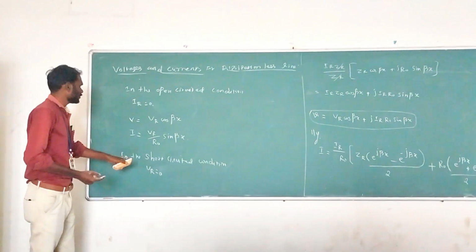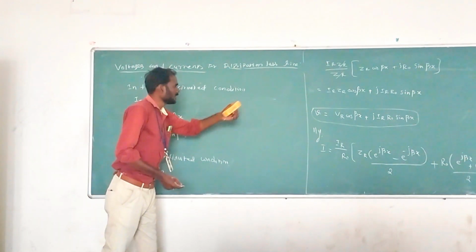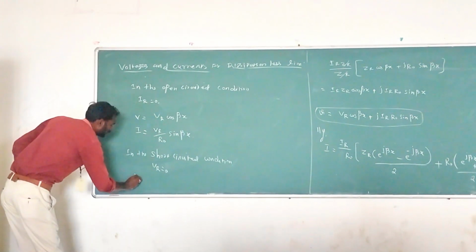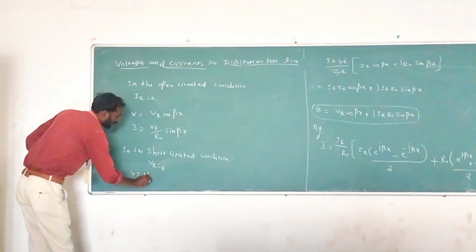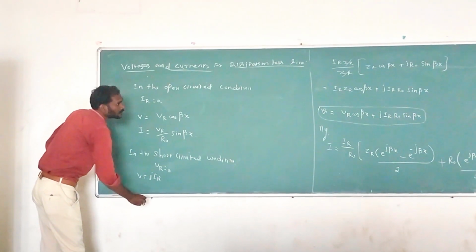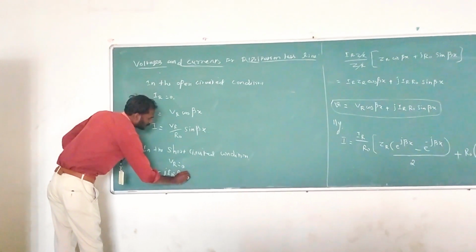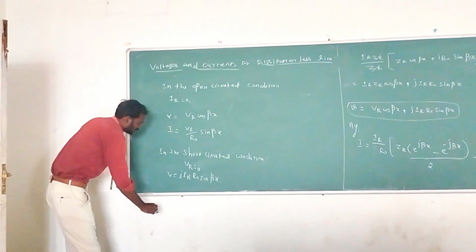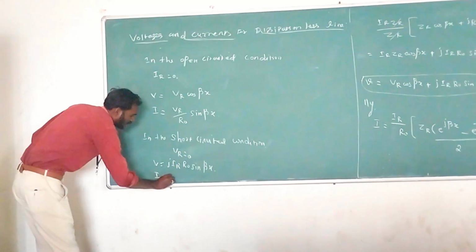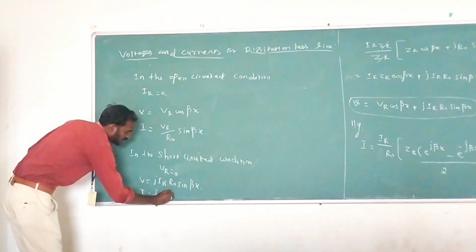So VR is equal to 0. The expression of voltage V is equal to j IR R naught sin beta x. The current expression I is equal to IR cos beta x.